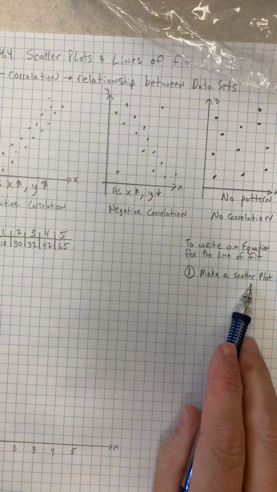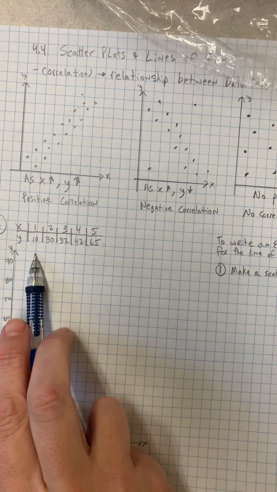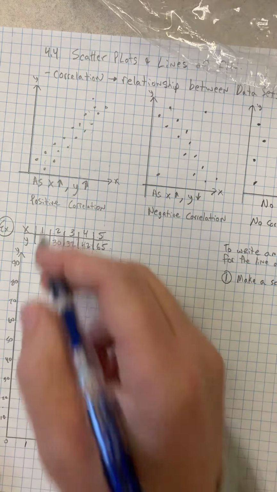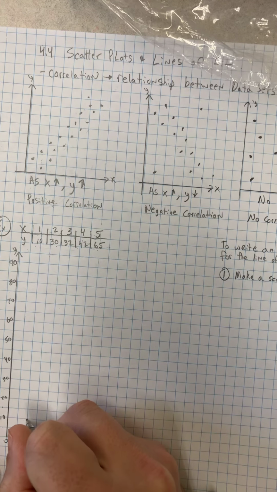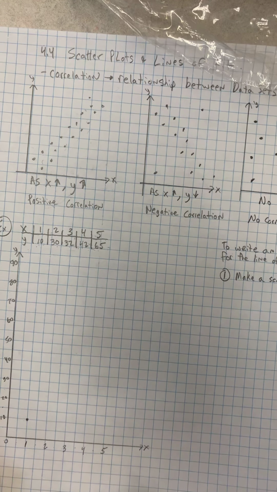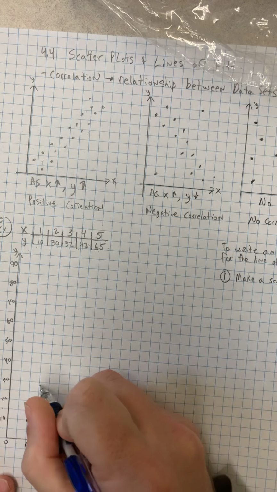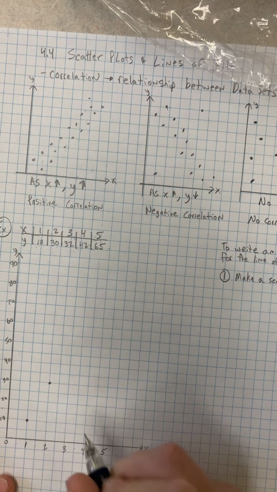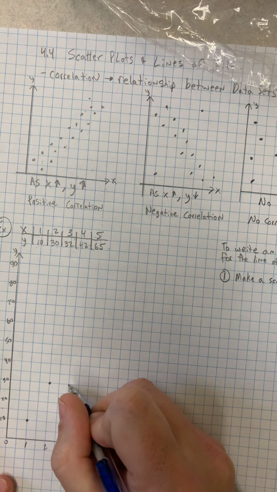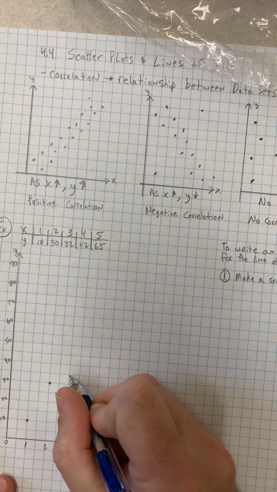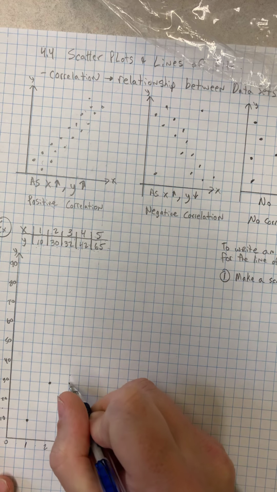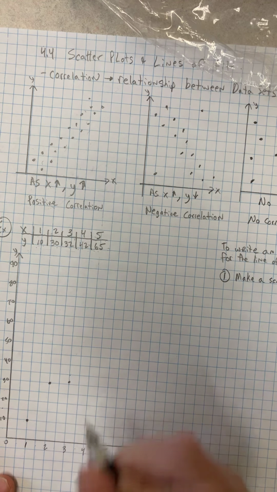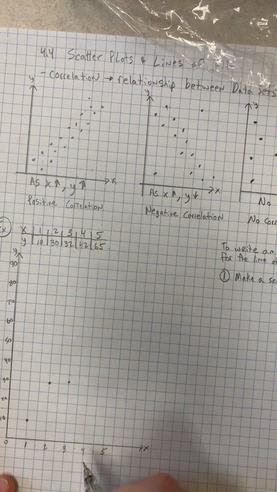When I make my scatter plot, I got ordered pairs. I got (1, 10) right there. I have (2, 30) right there. (3, 32). Well, there's 30. That's 35. This would be 32.5, somewhere kind of right below there. (4, 42).